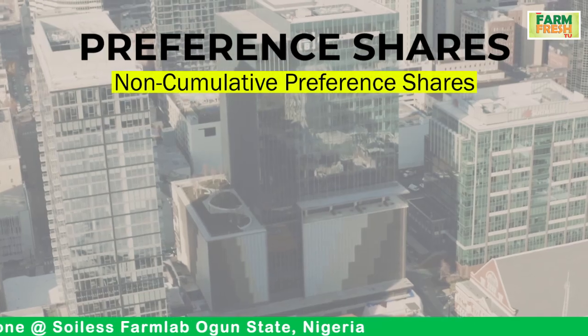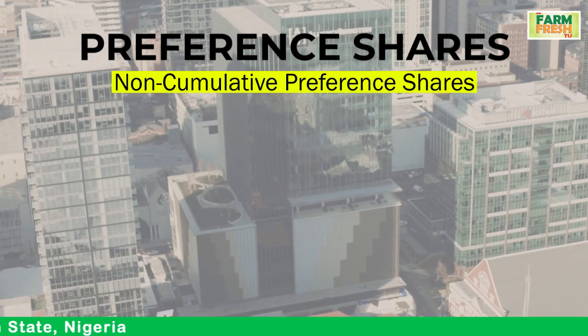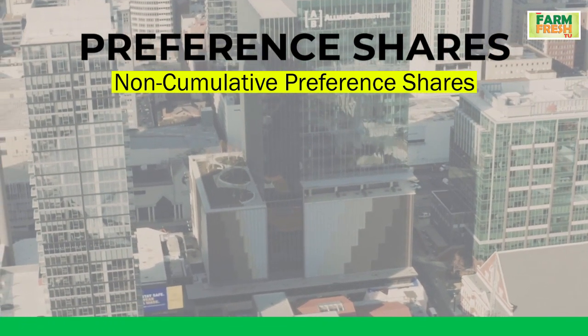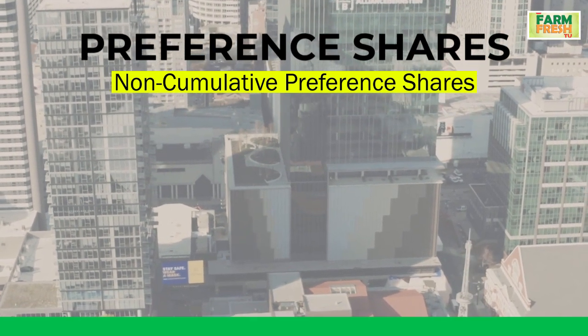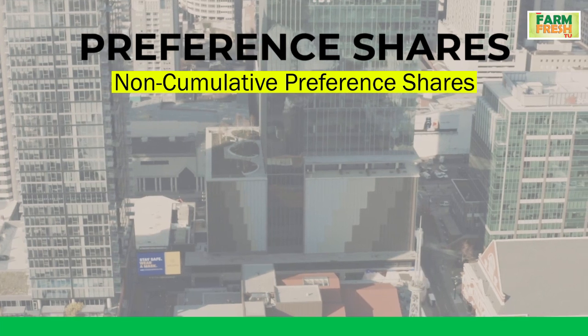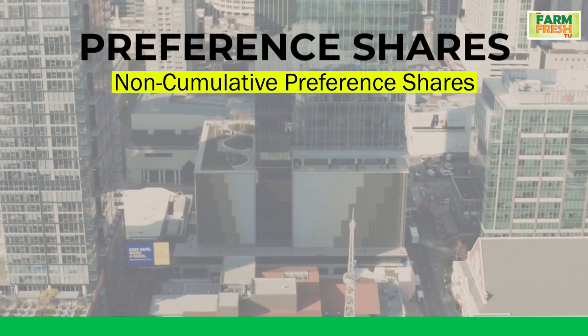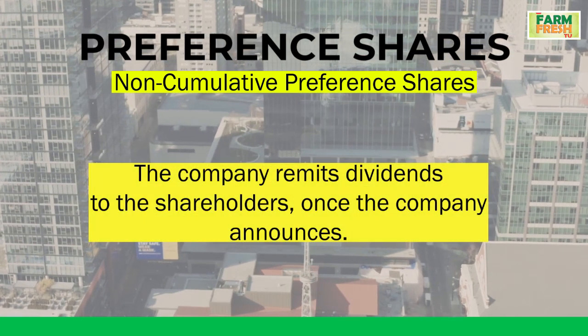Next, number 2, non-cumulative. This one gives power to the preference shareholder, but of course all of these things have strings attached. In non-cumulative, the company cannot accumulate it for them.